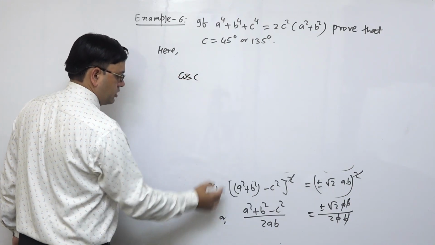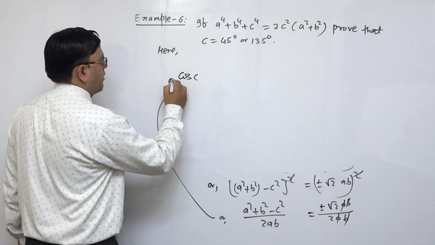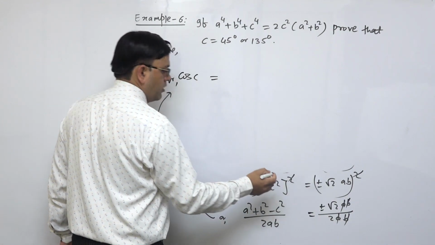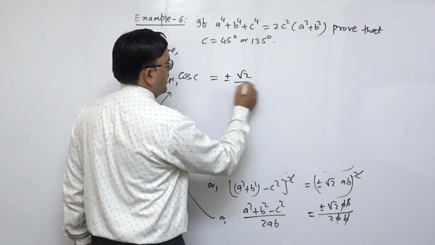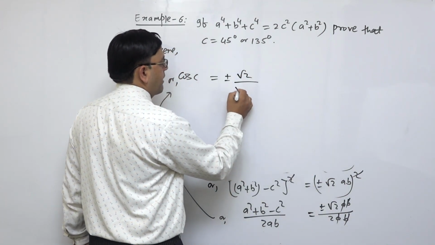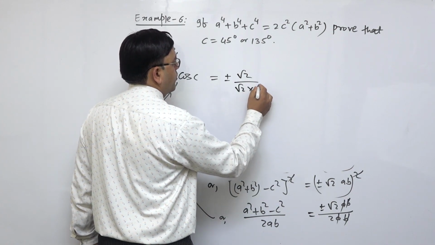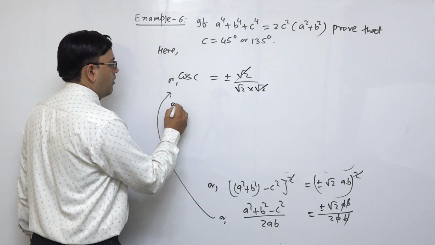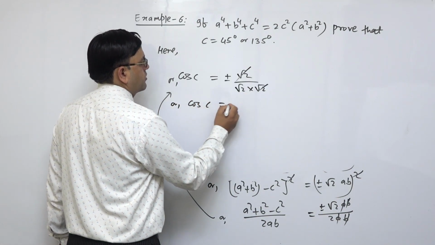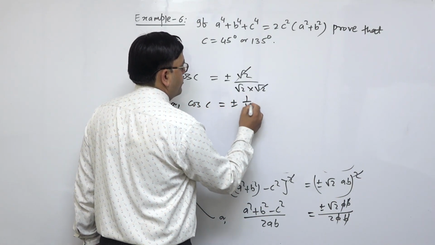So we can write cos C from here. Cos C is equal to plus minus root 2 by 2. 2 is also root 2 times root 2. So one root 2 and another root 2 cancel, or cos C is equal to plus minus 1 by root 2.